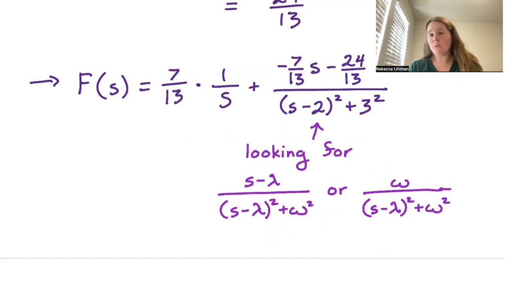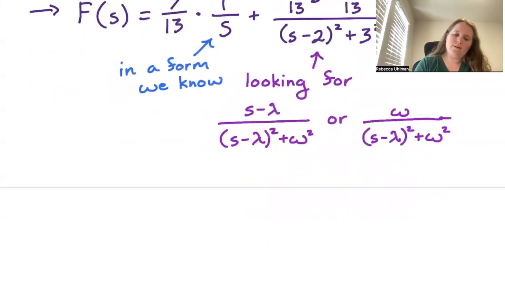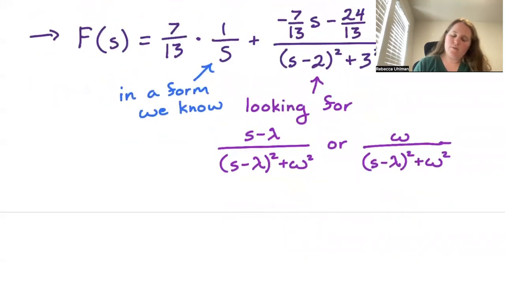Those are the two acceptable forms with the denominator we have. 1 over s is already in a form we're comfortable with. So this is in a form we know. So for this second one, our 2 is lambda. So we have lambda is 2 and omega is 3.